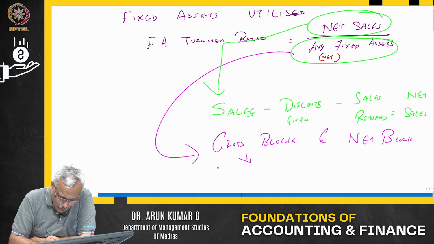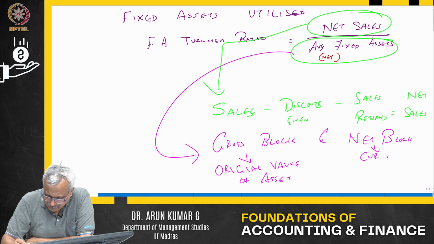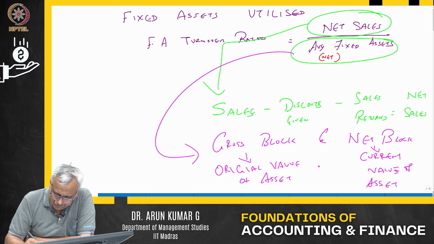Gross block is the original value of the asset. Net block is the current value of the asset, that means my gross block minus depreciation is what is called my net block.